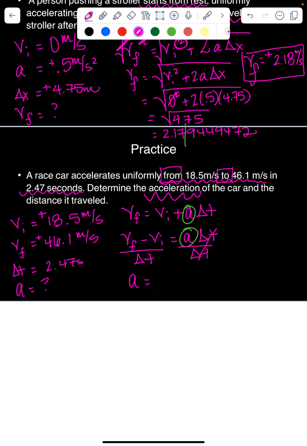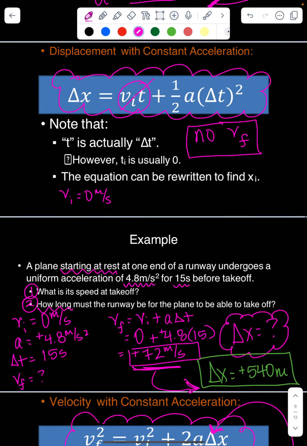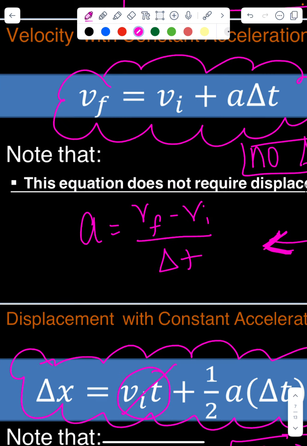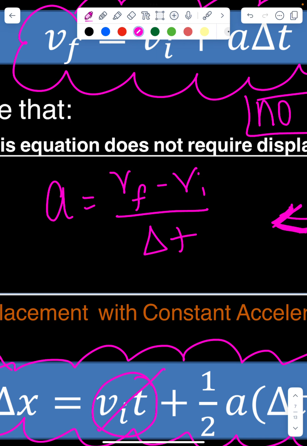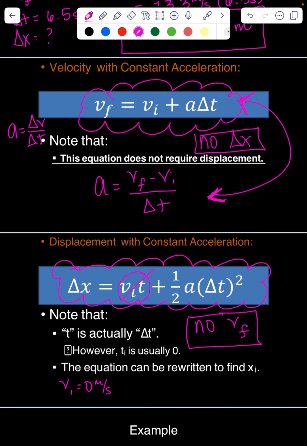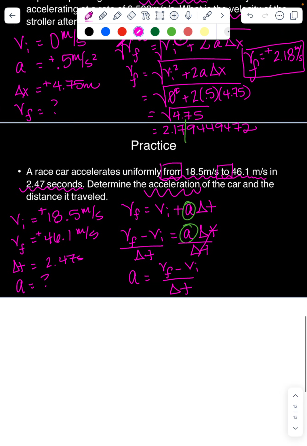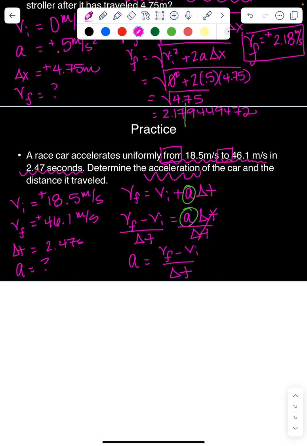So acceleration is v final minus v initial over delta t. Huh, that looks kind of familiar, right? It's our original acceleration equation. All right, so if you can just remember that that is the same thing as our acceleration equation, you could have skipped all of that and just written out this equation.